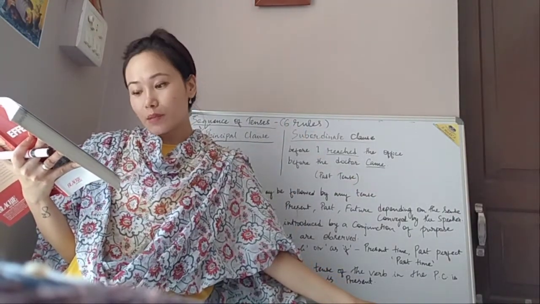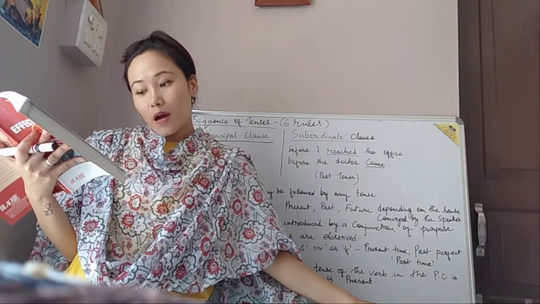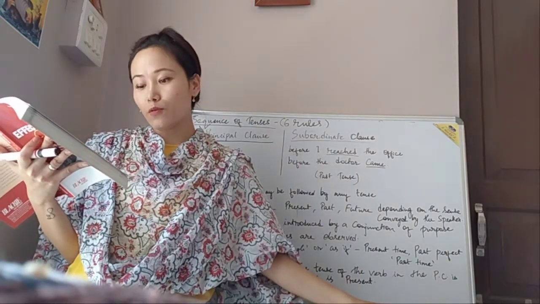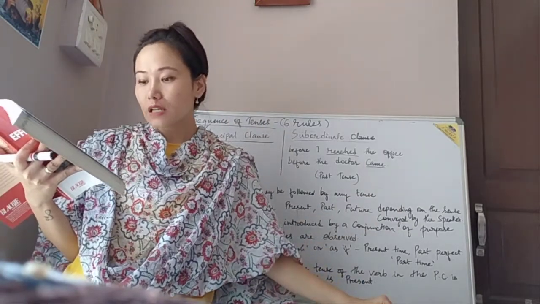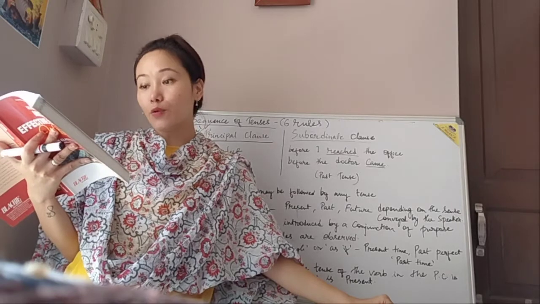Like, "He succeeded because he is hardworking." "Ram was smart but his brother is smarter." So here we have comparison, isn't it? So we use past and present tense. That's exception number 2.